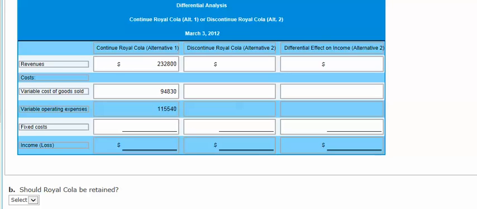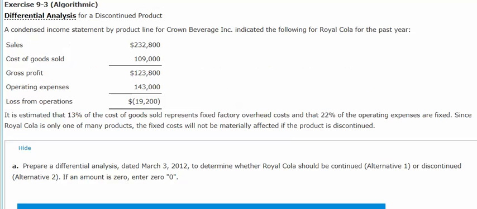The fixed costs will be the difference in my total cost. So I'm just going to add my total costs up, and I'll subtract. So I take the 109,000 minus 143,000. Sorry, I meant to add those together, excuse me. 109,000 plus 143,000.